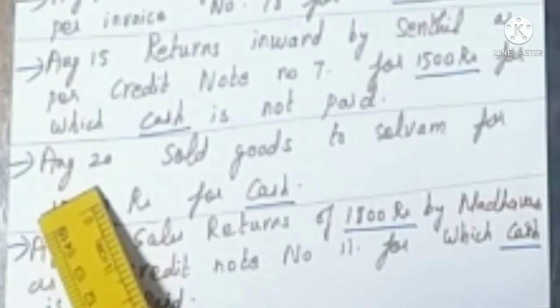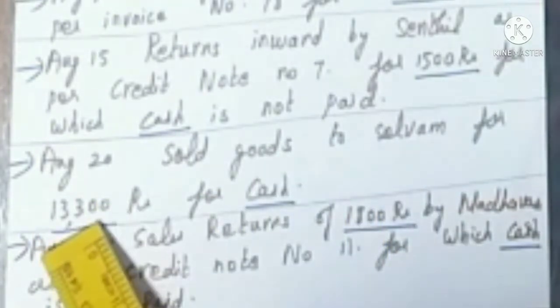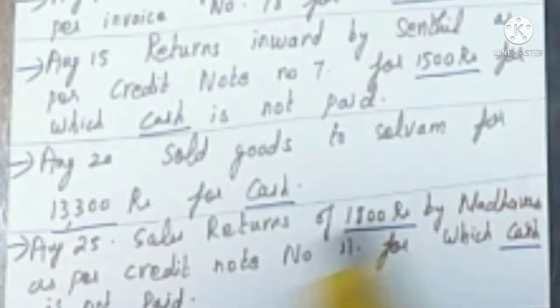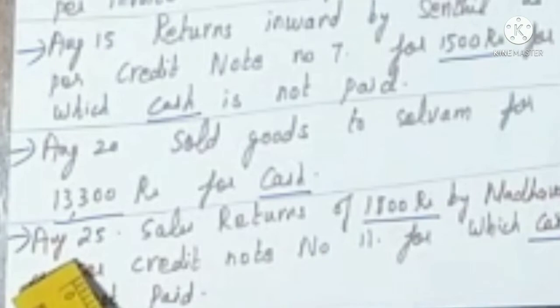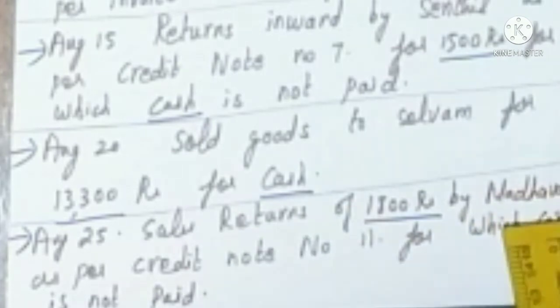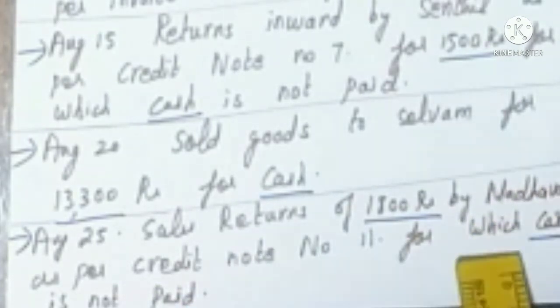On August 20, sold goods to Selvam for rupees 13,300 for cash. On August 25, sales returns of 1,800 rupees by Madhavan as per credit note number 11 for which cash is not paid.